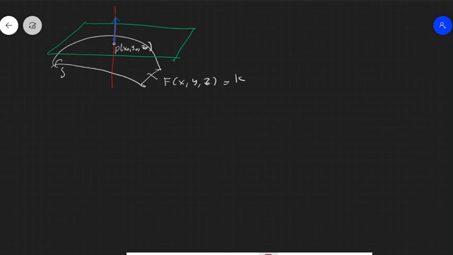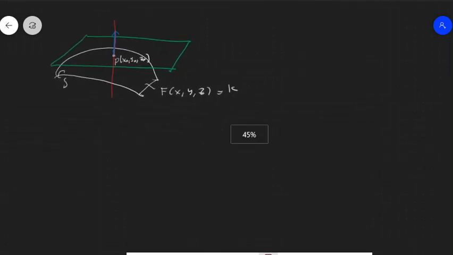Now, let's say we want to find the equation of the tangent plane at P, and the representation for the normal line at P, where P is a point on the surface S. To find those representations, we just need a vector perpendicular to the plane and a vector parallel to the line.